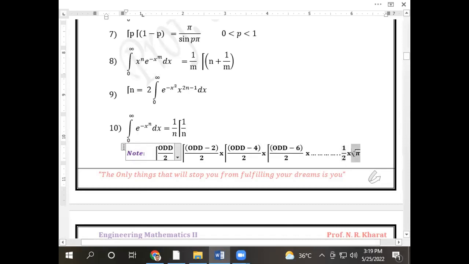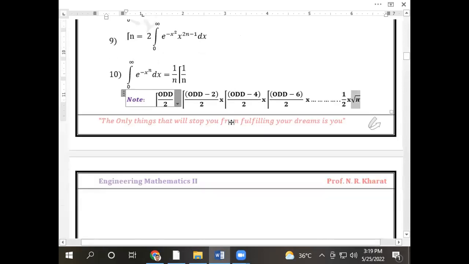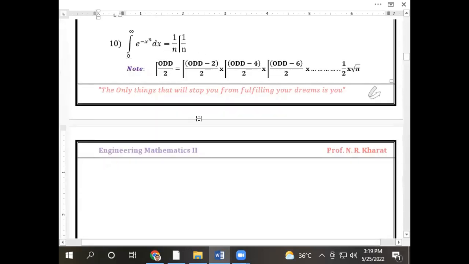And this solution gets multiplied by root pi, because gamma of 1/2 is present. These are some properties. We will see some examples to understand the concept of all the properties.